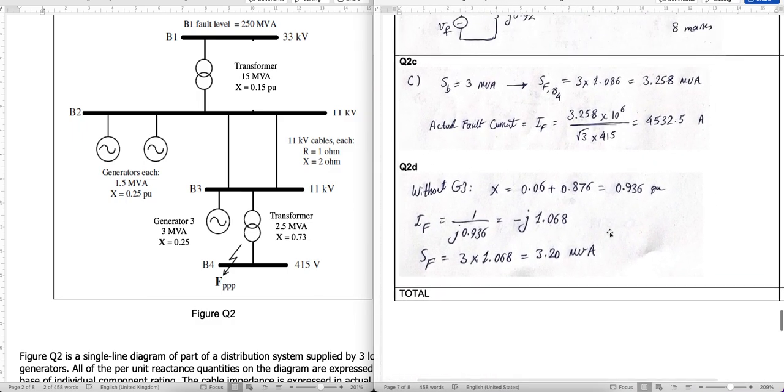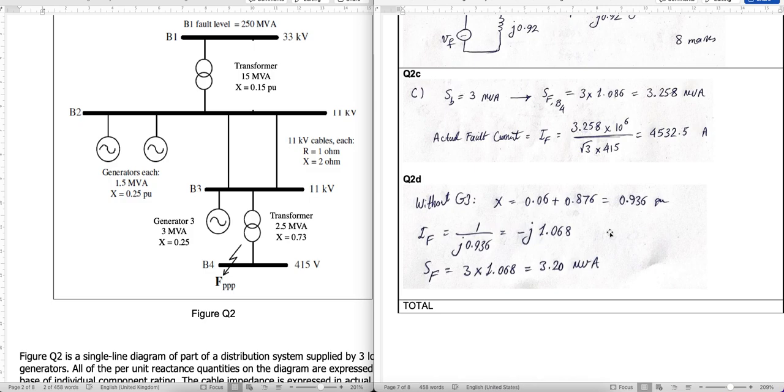So this is basically, you need to exclude G3 and recalculate the total impedance, and this is hopefully correct, the total impedance, and then you put it in this formulation to get the new fault current, which is 1.068, and if you multiply this by the base power, you get the actual power for this scenario, that is 3.20 MVA.